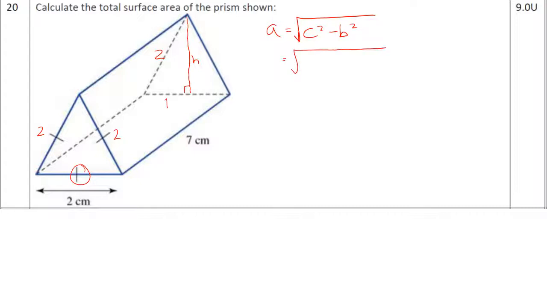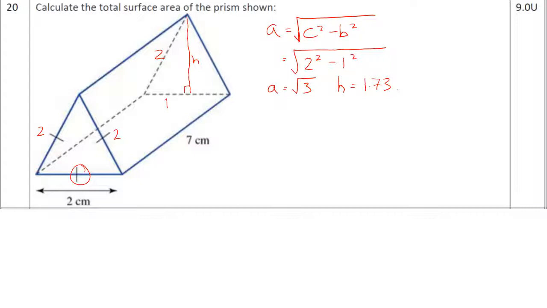So c is 2 squared, which is 4, minus 1 squared, which is 1. And so what we end up with is the height. a is the square root of 3, so the height of our triangle is the square root of 3, which is about 1.73. Now, I want it as a decimal, not as a surd, just so I can get a decimal answer at the end.